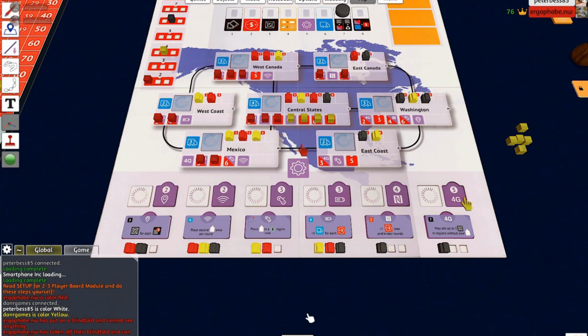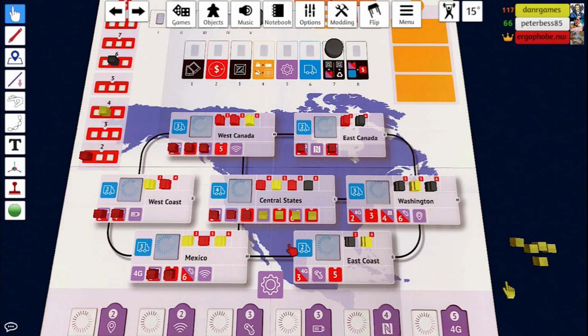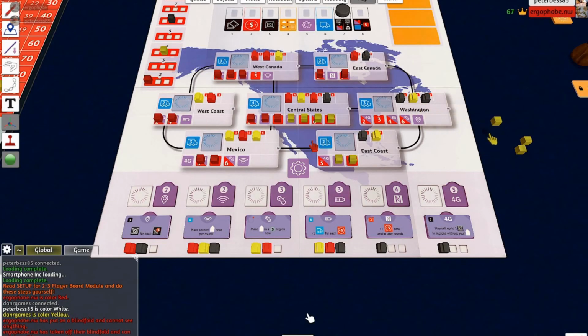And then I guess we have to hurt Pete because he's in the lead. So let me see how to hurt Pete. The central states don't matter as much as hurting Pete. Making sure he doesn't get majority. Central states definitely still matters. So I can put 2 cubes there. That'll secure that pretty much. And my price is 4, so I can go there. Oh, but I can't go there because I don't have that.